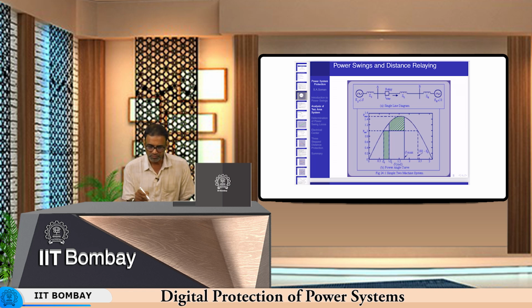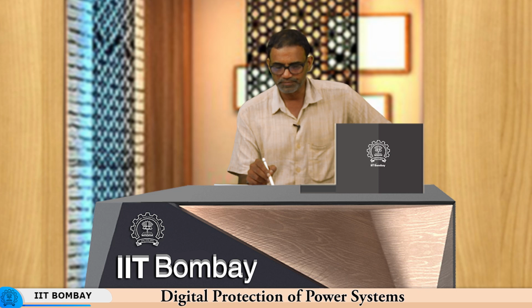You may be very familiar with this system, but the only difference here is that we have introduced a relay here also, because we want to see the effects of that swing on the relay. That is why we have introduced a relay here at the bus A, as you can see on the slide. The power system has been modeled as a two area system, where one side is the source ES angle delta, and the other side is ER angle 0, which is the reference phasor here.